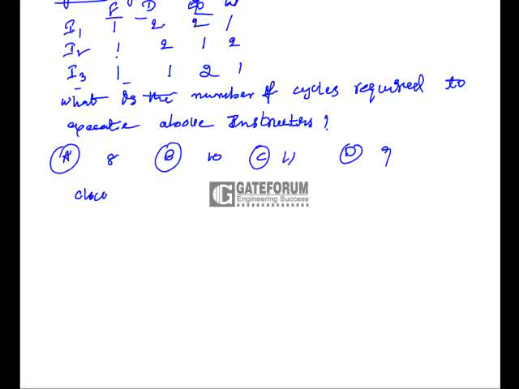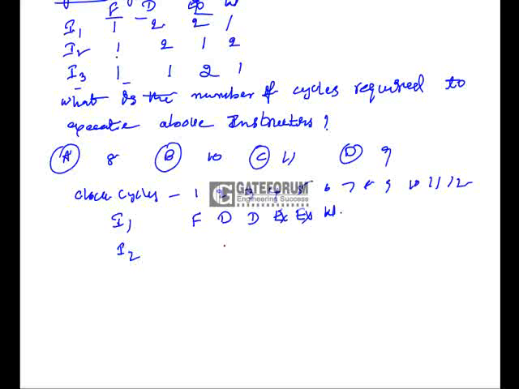So let us write the clock cycles here: 5, 6, 7, 8, 9, 10, 11, 12 like this. So instruction 1, for fetching 1 cycle is required, for decoding 2 cycles, for execution 2 cycles, then writing 1 cycle. Again instruction I2, fetching should be 1 cycle.